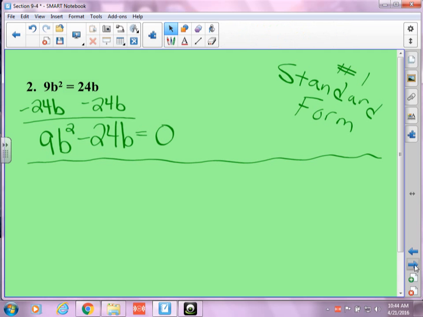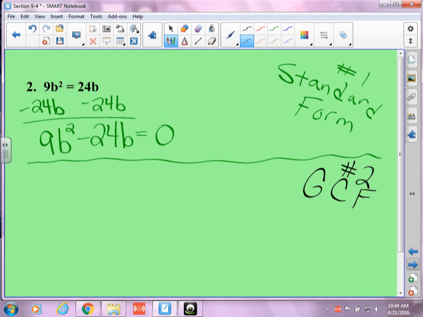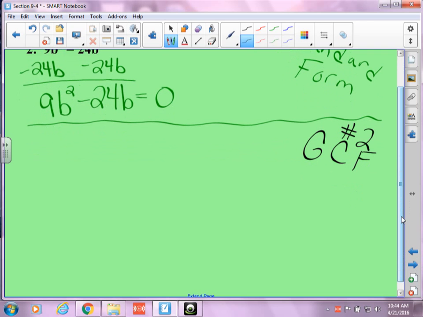Now the second step, I need to find the GCF. Okay, so what's my first term? 9b squared. What's my second term? 24b. Okay, is 9 prime?